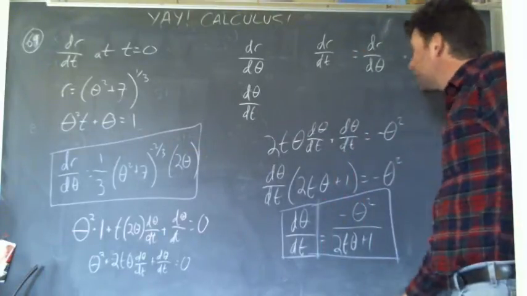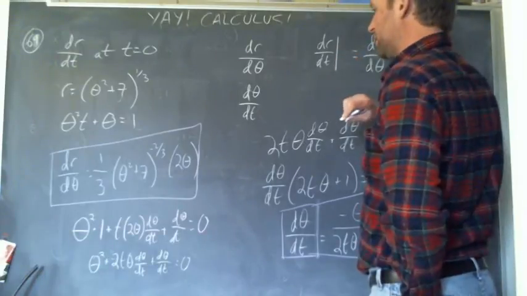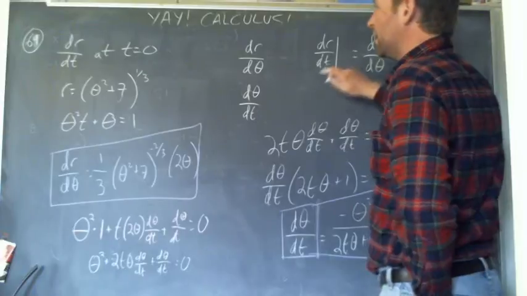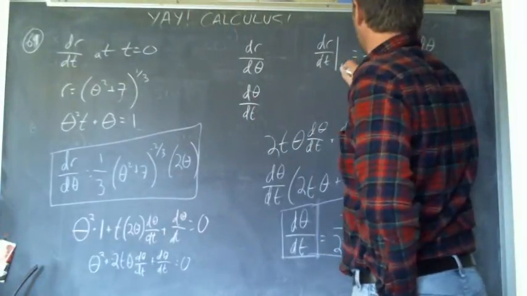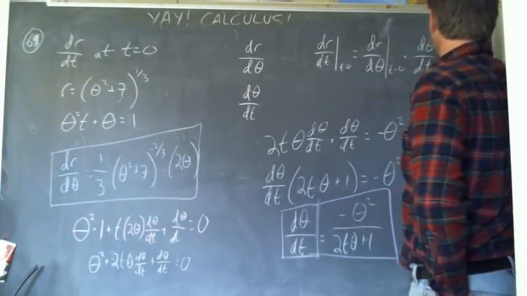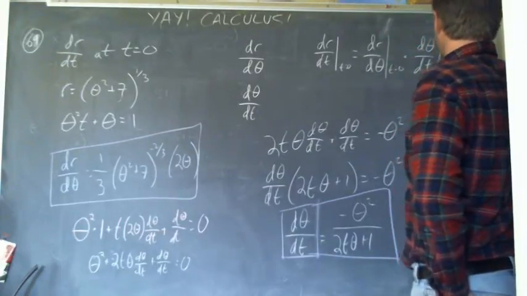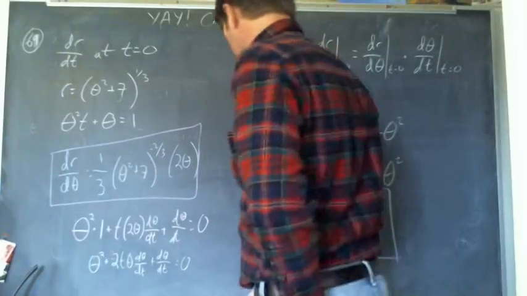So we're going to evaluate everything. I'm going to say that dr/dt at t equals 0 is the same as dr/d theta evaluated at t equals 0 times d theta/dt evaluated at t equals 0. We're going to evaluate both of these at 0.